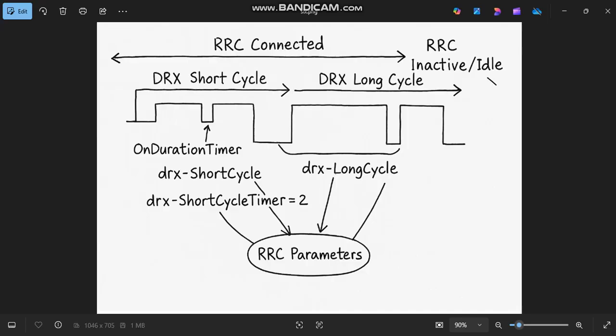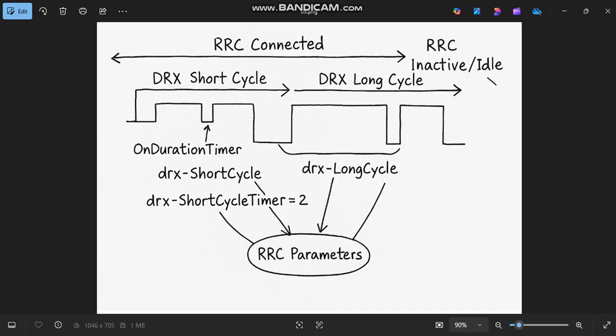How many DRX short cycles are there, that is the DRX short cycle timer. Here there are two, so this is the complete DRX short cycle. Here the latency is low, but energy consumption is high.